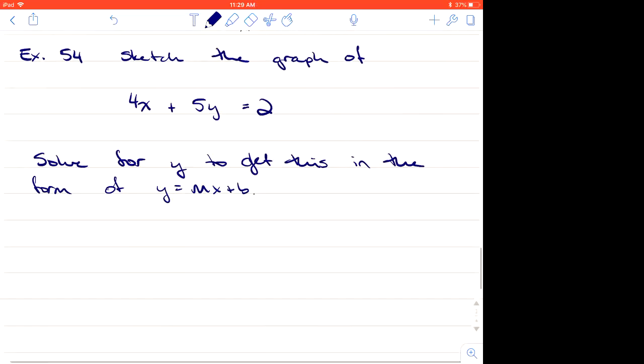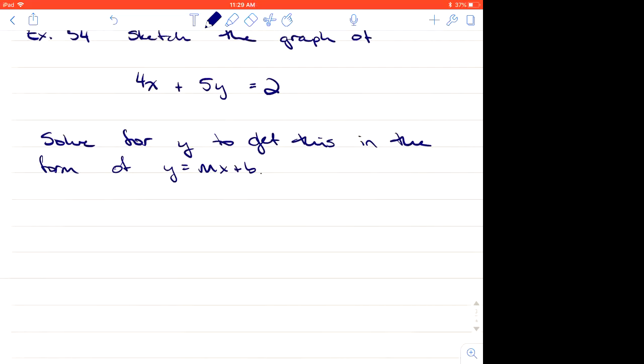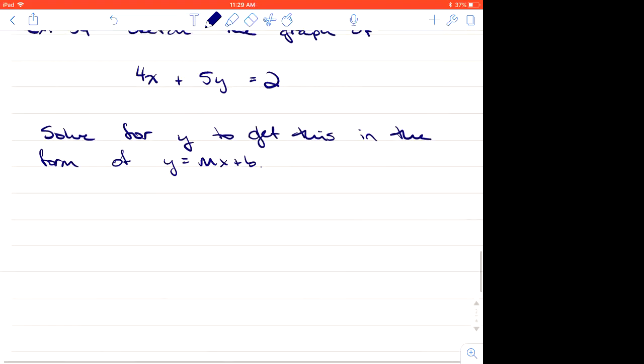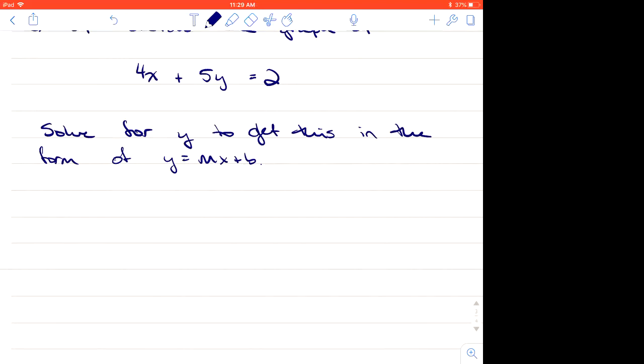Just to sketch it, we don't actually need it, right? We could just go straight from here, but it's just easier later on if we get in the habit of rearranging it into y equals mx plus b.